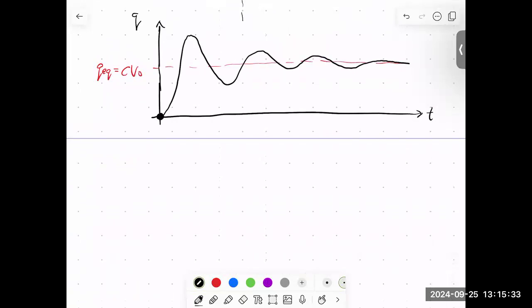So I'm just going to give you the solution for the charge on the capacitor as a function of time, and then we'll see what that looks like.